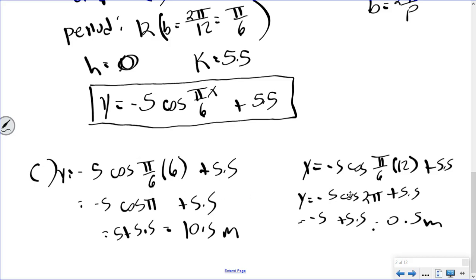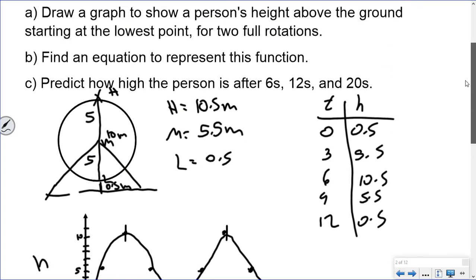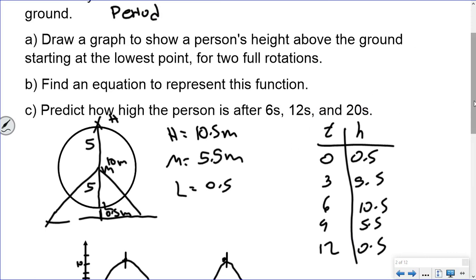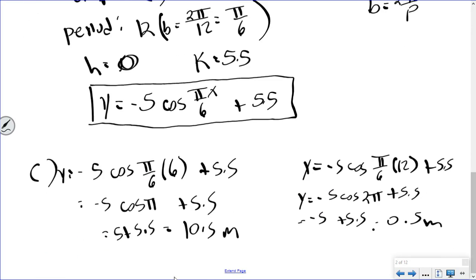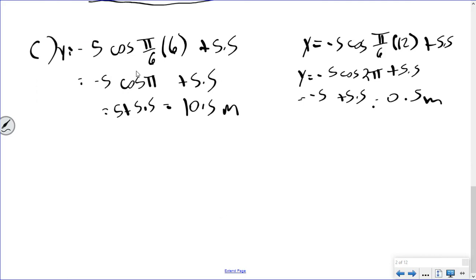So that's great if my x values are some kind of factor of the period. But if it's not a factor or a multiple of the period, like 20 seconds, then what we have to do is take that 20 seconds and plug it into my equation for x.